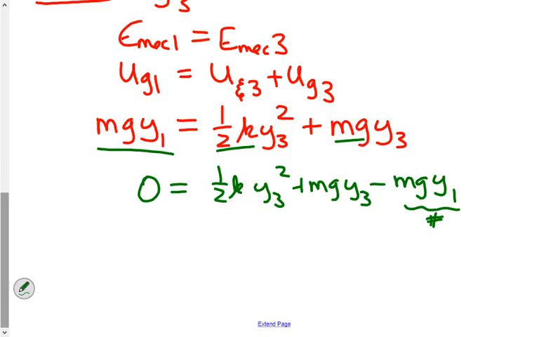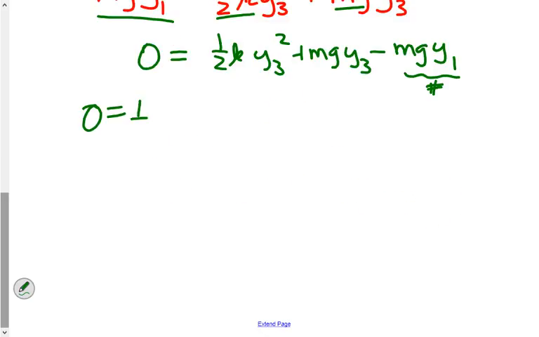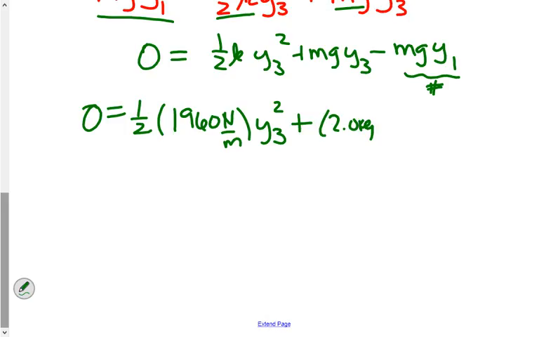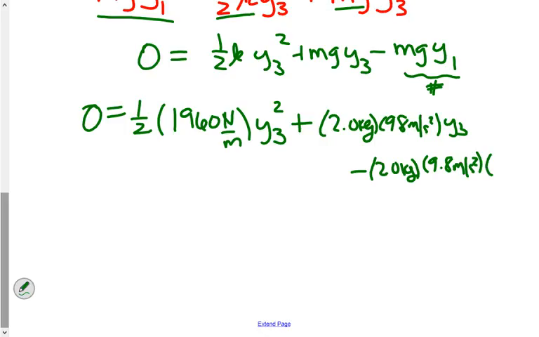Okay, so remember, these are all numbers. So what was K? 1,960 newtons per meter, Y3 squared. The mass was what, 2 kilograms times 9.8 meters per second squared Y3 minus 2 kilograms, 9.8 meters per second squared times what? 0.4.